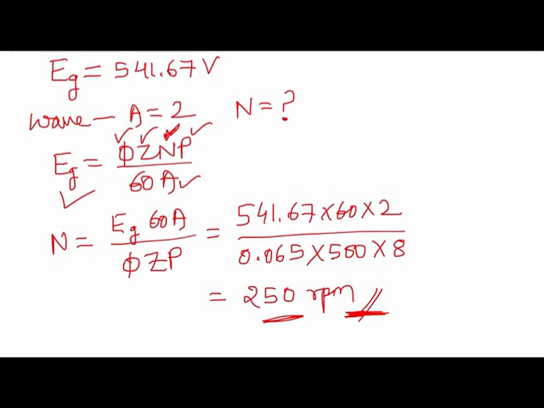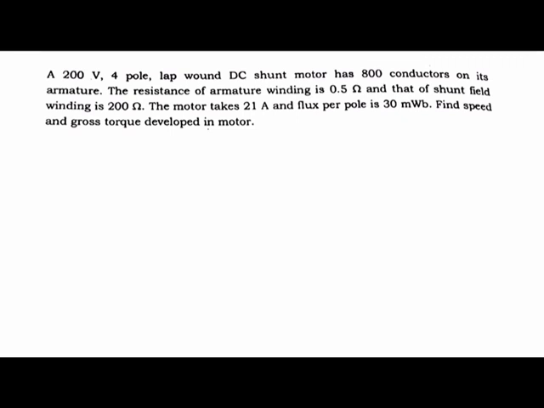We will now move on to the next problem, that is based on the DC motor, particularly a DC shunt motor. Second problem. So let us read out the problem and understand what are the given quantities and what are the quantities to be calculated.